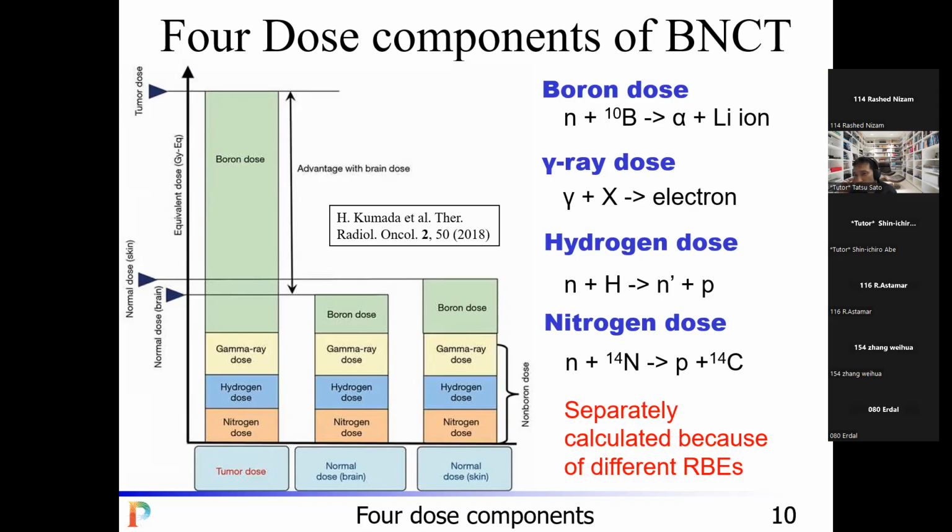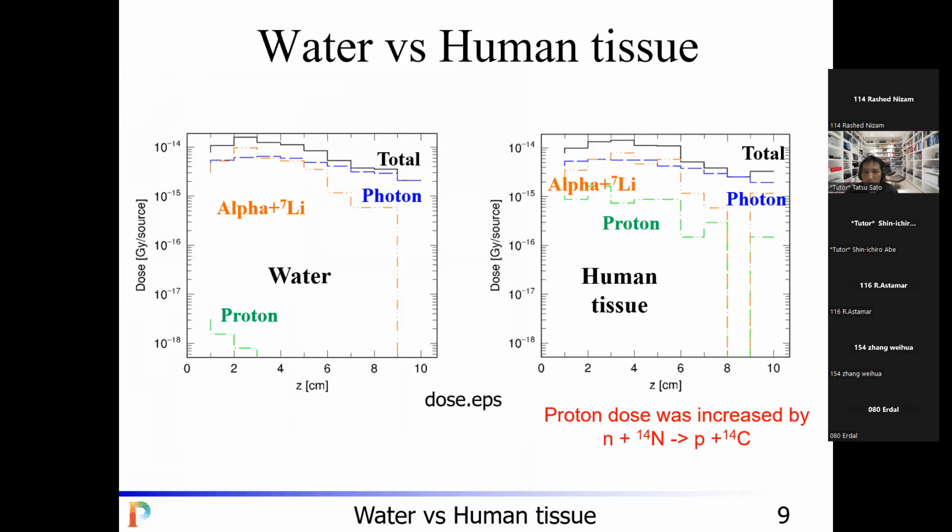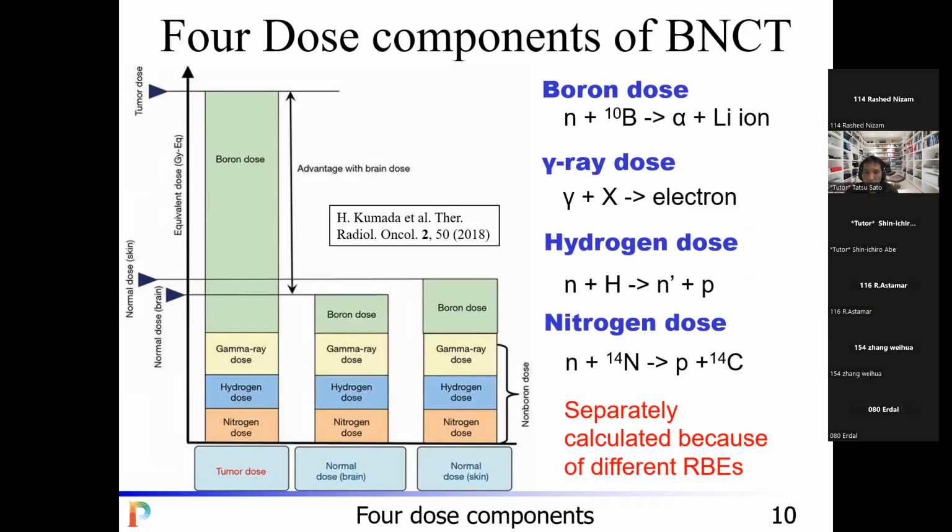Oh, any questions? Yes, if you allow, please. So here I can see the boron dose is a little bit higher for the skin compared to the normal dose in brain. You mean the previous simulation? No, the current slide. We can see the left figure, the second column, normal dose brain and normal dose skin.